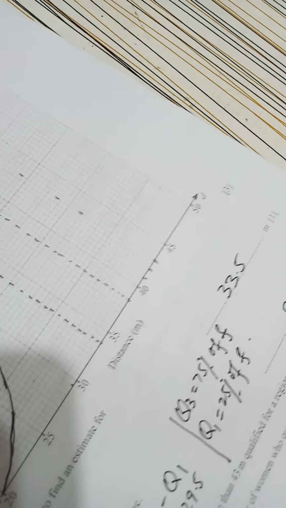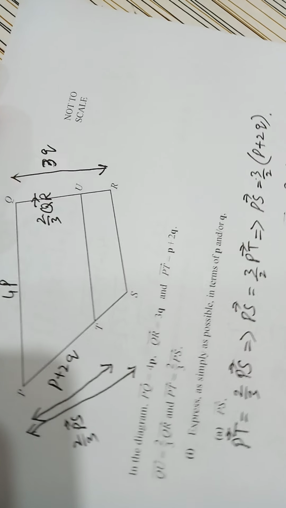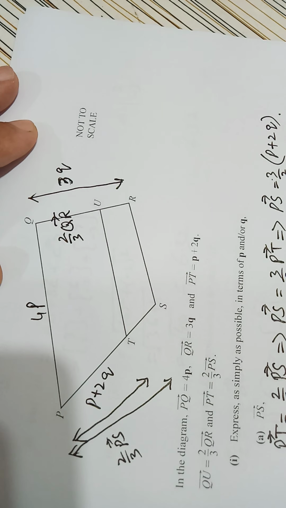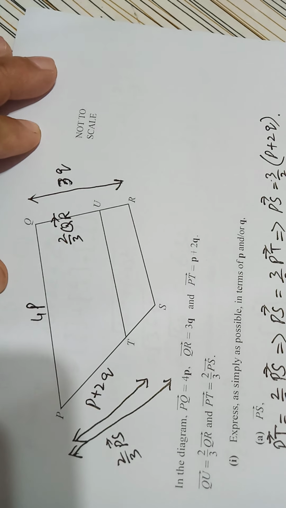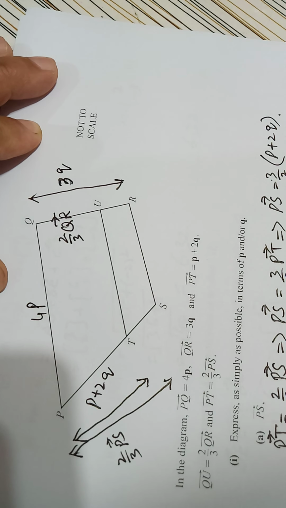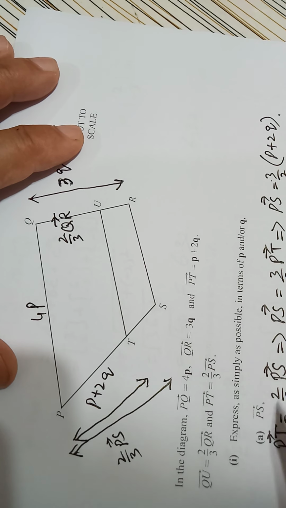Now for the next question, question 9. This is your given data in question 9. In the diagram, this is your vector question. PQ is equal to this, QR is equal to this. Express as simplified as possible in terms of p and q. In the question he has given you PT is equal to 2 over 3 PS.